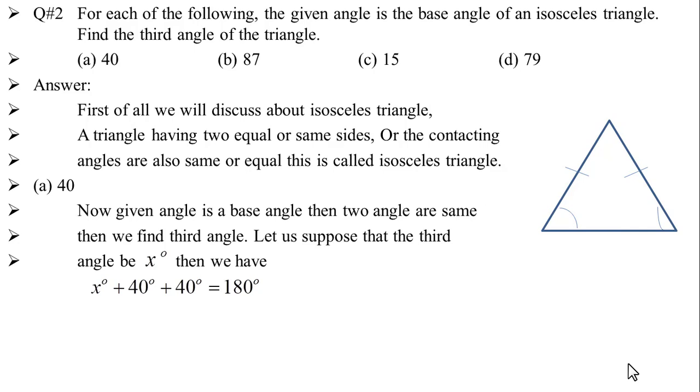Here we can add the angle 40 plus 40, then we find that x degree plus 80 degree is equal to 180 degree. Now we will move that 80 to the other side. x is equal to 180 minus 80, so x is equal to 100 degree.